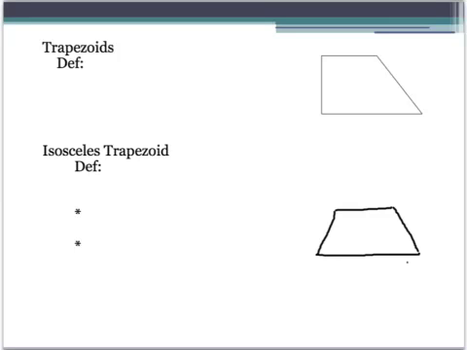Okay, so let's begin by finding the definition of a trapezoid. A trapezoid is a quadrilateral with exactly one pair of parallel sides.